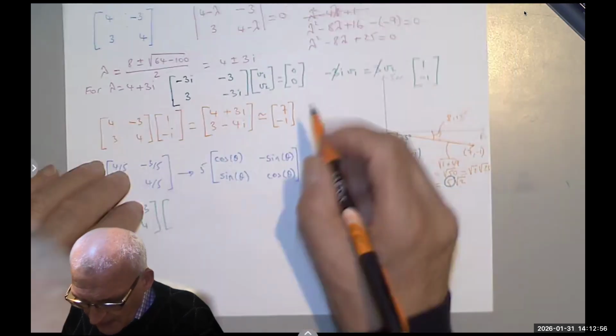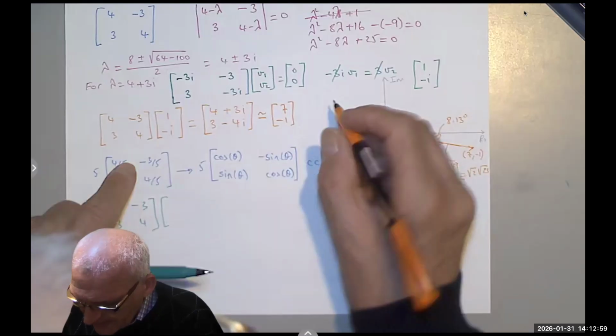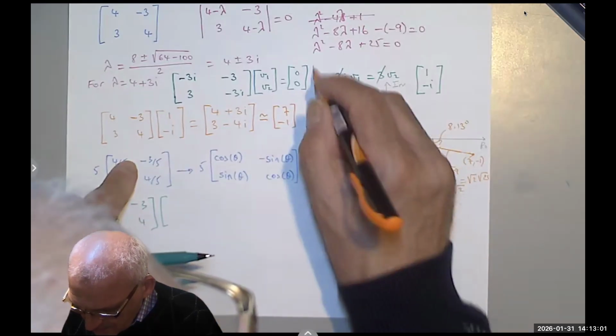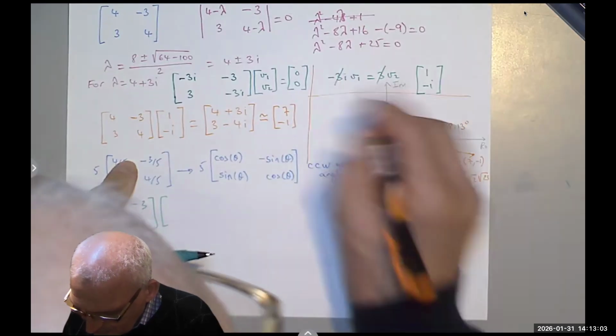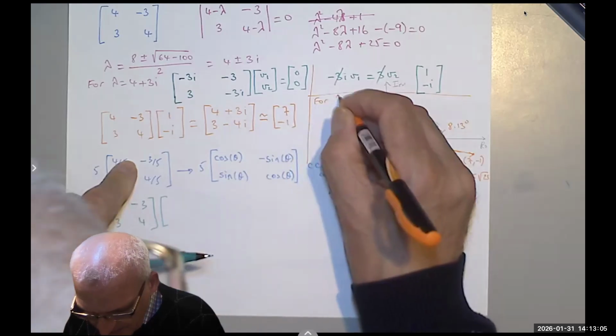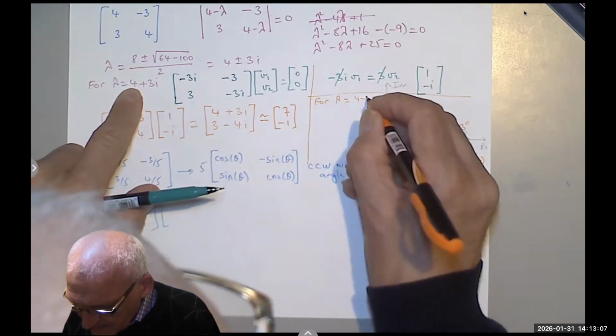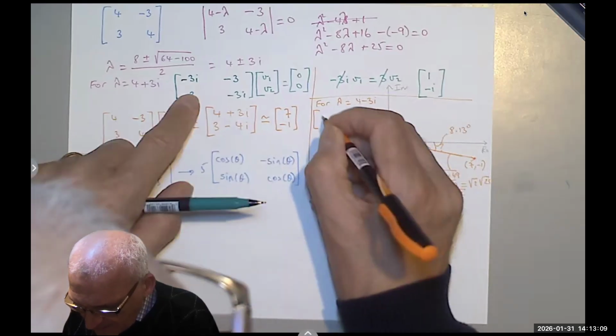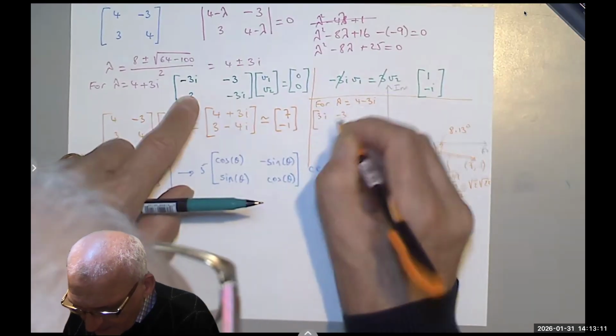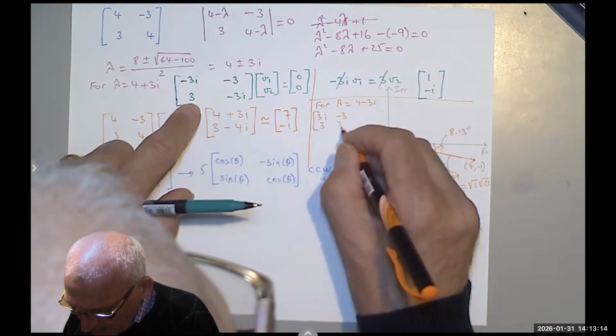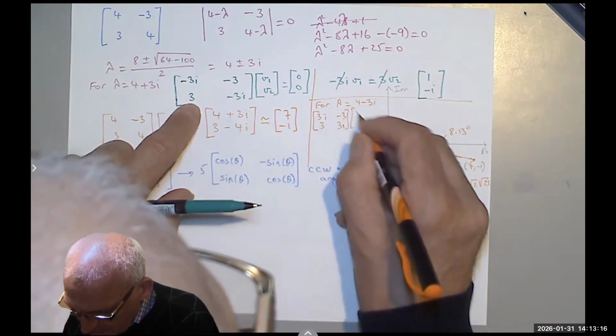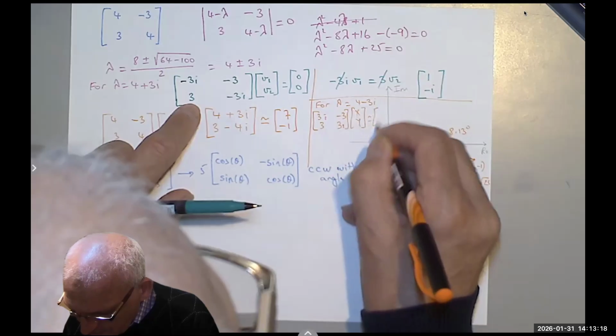I'm sorry. So for the eigenvalue, let's try to do it here. For lambda equals 4 minus 3i, these would be 3i, negative 3, 3, 3i times x y equals 0, 0.